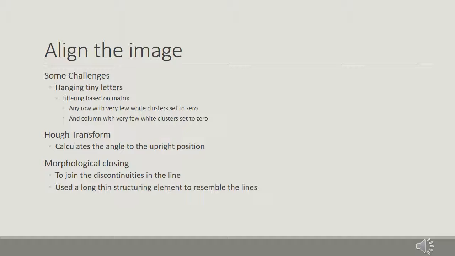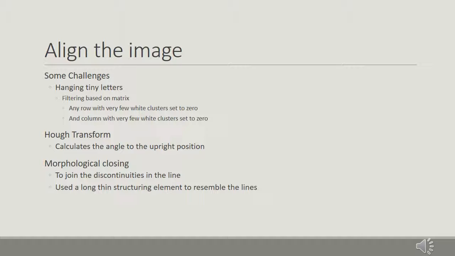Then we do Hough transform. Hough transform basically detects the line and gives an angle of that line with respect to the horizontal. So by that we mean if the image is misaligned, the angle at which the nutrition fact horizontal line is aligned is the angle at which your image is misaligned, and that's the same amount of angle which you want to revert back in the opposite direction to get the image properly aligned.